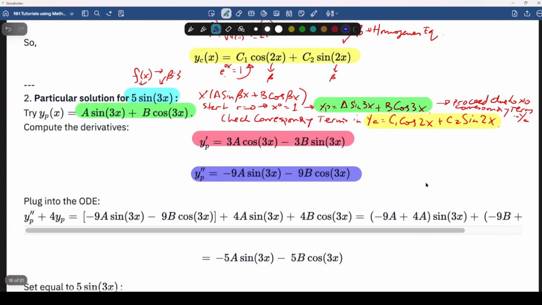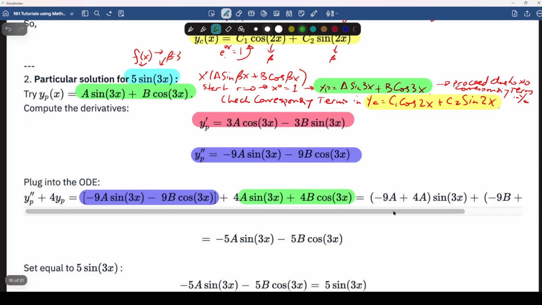So just take the derivative, which is the purple color here, and then plus yp, the original, which is a sin 3x, in green color.